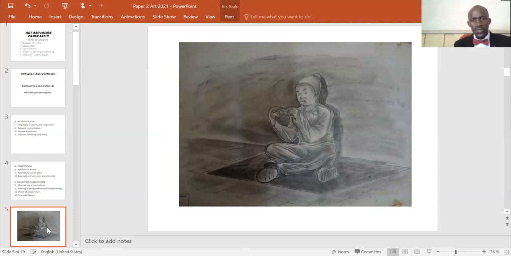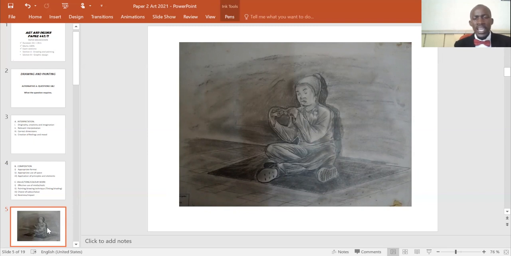The composition was based on a question: create a pictorial composition of a small child seated on a mat, busy repairing his toy.